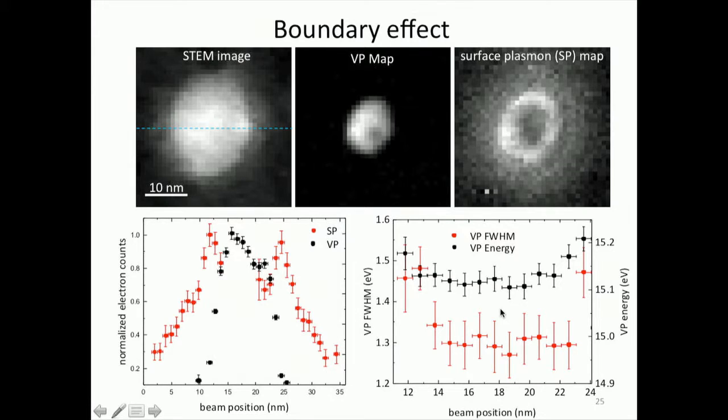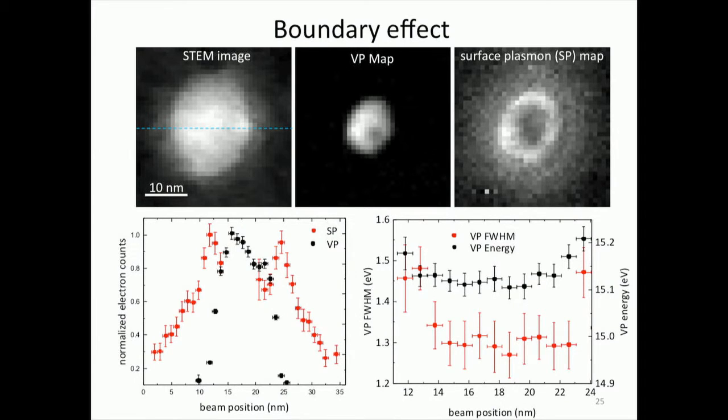And the same behavior also happens for the volume plasmon full width at half maximum. From the center to the edge, the full width at half maximum changes from 1.3 eV up to 1.5 eV, more or less. So this is another key signature of the boundary effect, and this happens throughout all the structures that we analyzed.